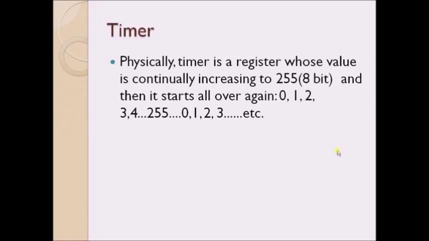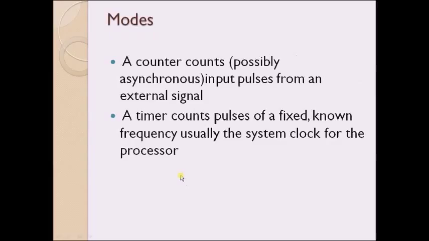Let us see what the timers are and how we can use these timer peripherals in the PIC microcontroller. We can use these timers in two modes: one is counter mode and the other is timer mode. Basically, a counter is used for counting external events, and a timer is used for generating some delay.